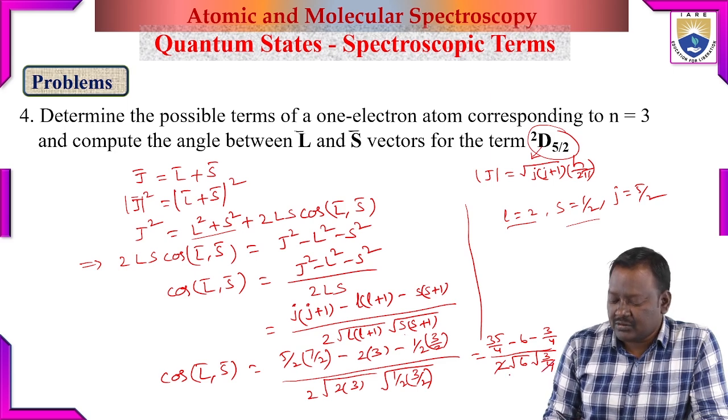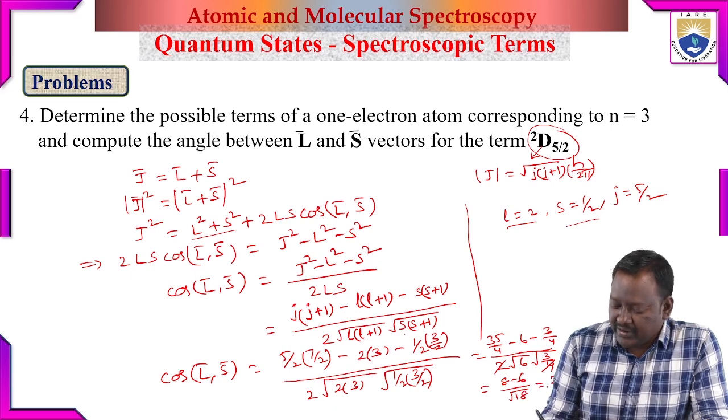If we simplify, 35 by 4 minus 3 by 4 means 32 by 4, which is 8, minus 6, finally divided by the square root of 18.